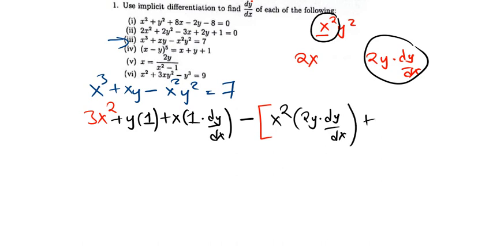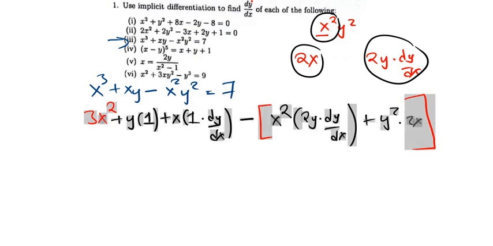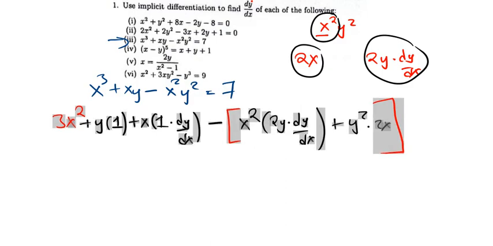Plus, now I can start with y squared, multiply by the derivative of the other part, which is 2x. So don't forget what is supposed to be on the other side. So we have a 7. So a derivative of a constant is a 0.